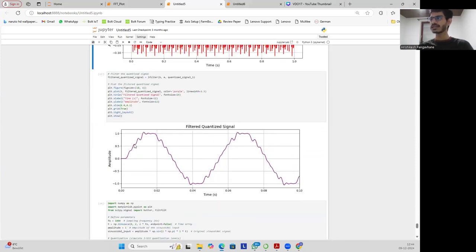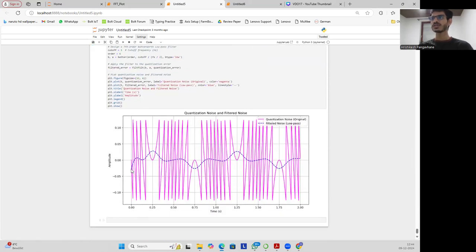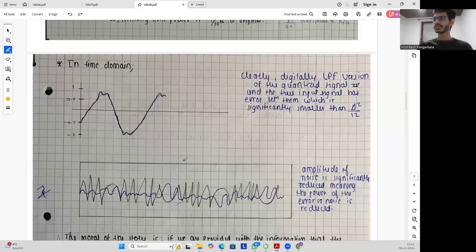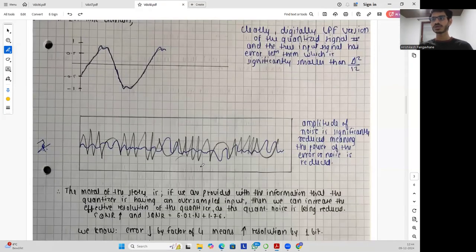The filtered quantized signal will now look like this, which resembles the original signal very nicely. So the error between them is very small. This gives us the noise which we had earlier, but after low pass filtering, this is the noise we get. The low pass filtered noise is very small, so the SQNR is boosted.